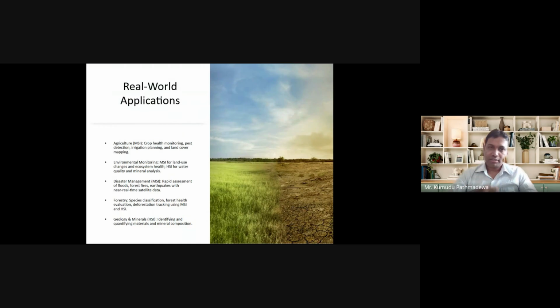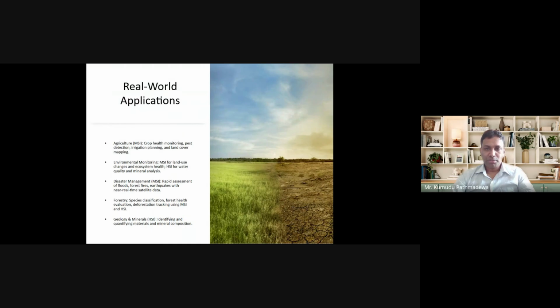When we think about real world applications, multispectral sensors monitor crop health, irrigation needs, and pest outbreaks. Hyperspectral sensors help identify specific nutrient deficiencies. In the environment, they are used for land use changes, water quality analysis, and pollution detection. In disaster management, multispectral sensors help assess floods, forest fires, and earthquakes rapidly.